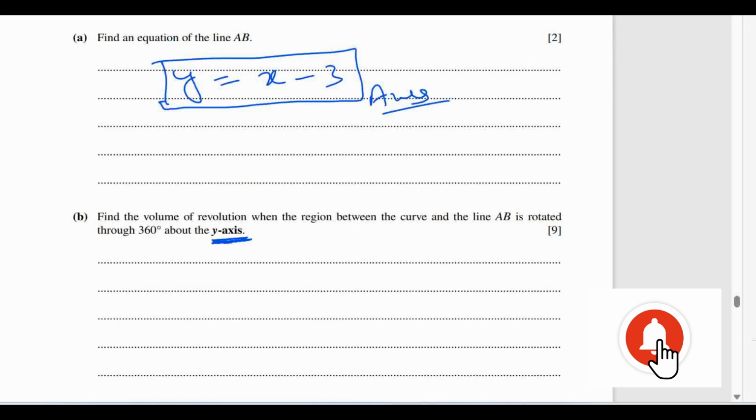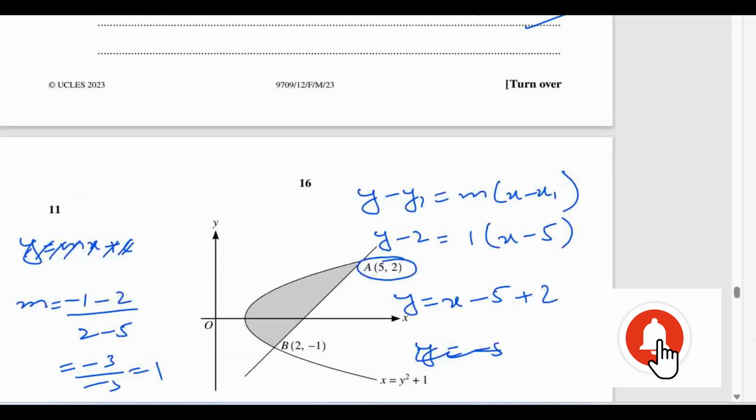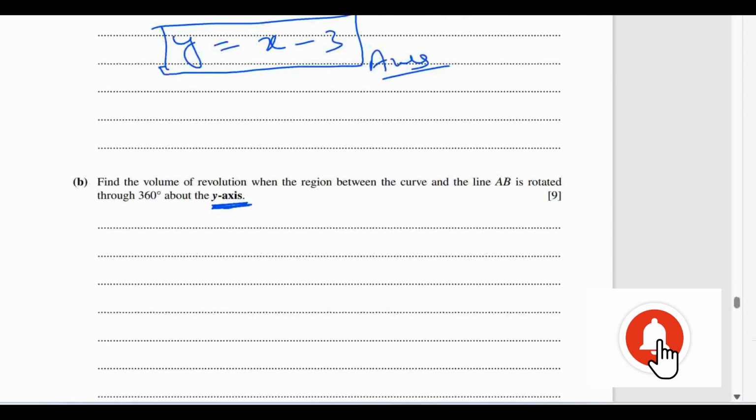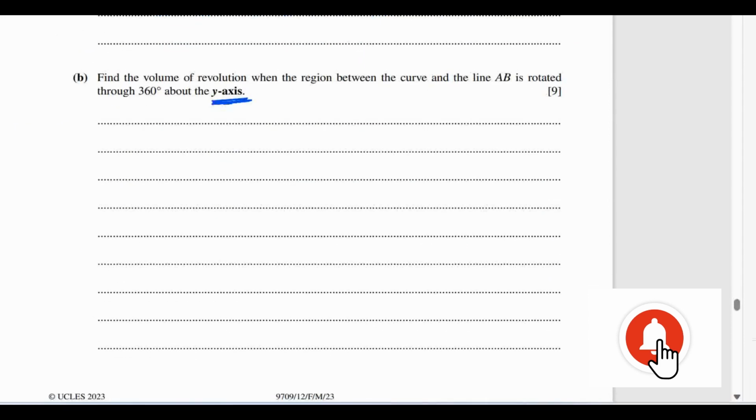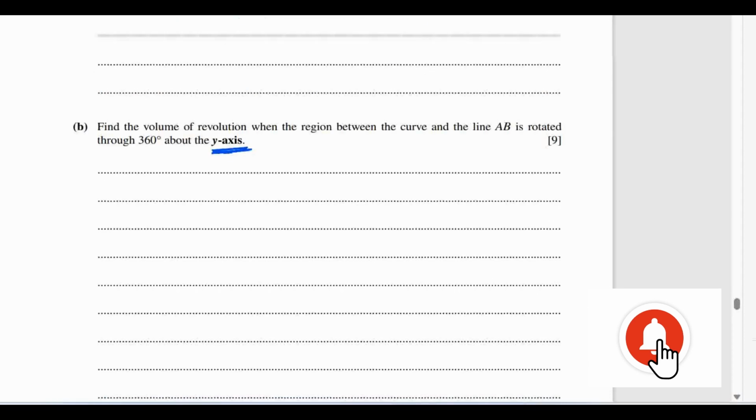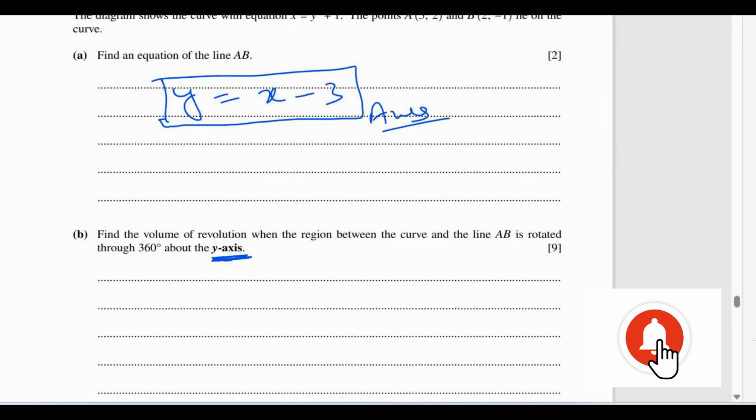So now, between the curve and the line, we have to find the region between the curve and the line. So what we will do is find the volume of the line and subtract the volume of the curve from it, then we will have the volume of the shaded region. So what we can do is, first of all we have to rearrange it like this. So x will be equals to y plus 3, and then we take square of it.